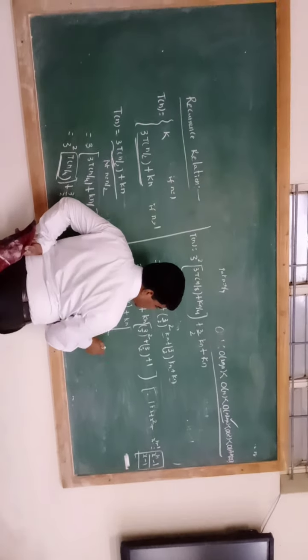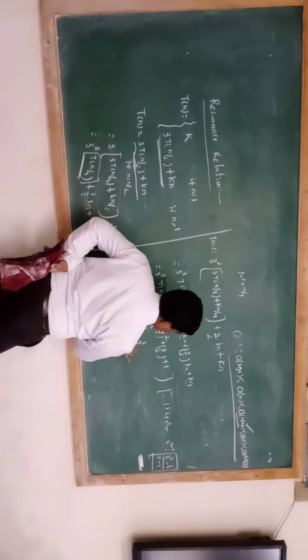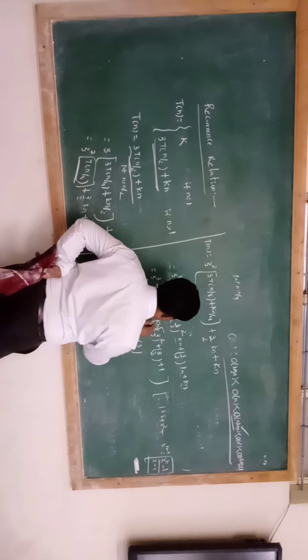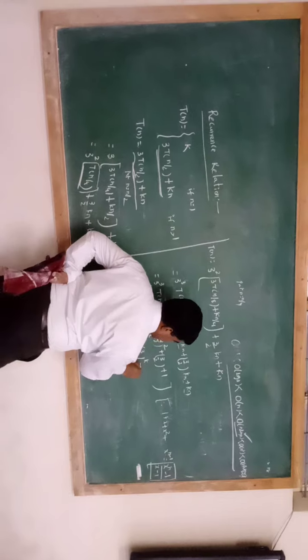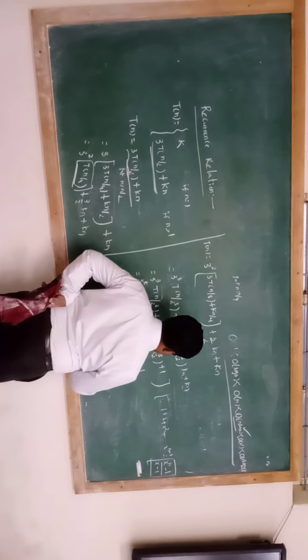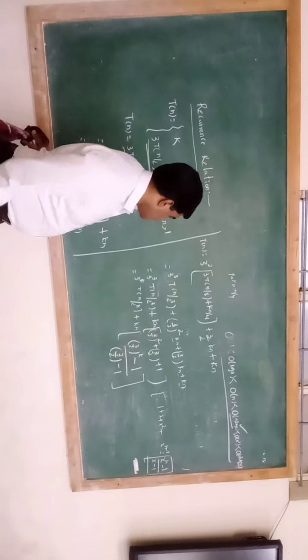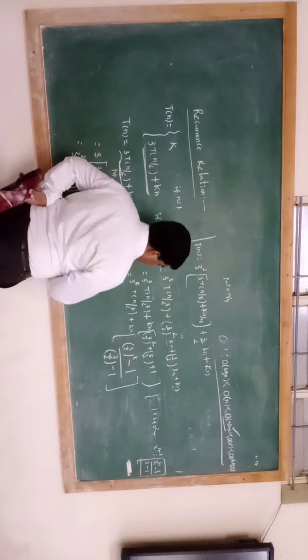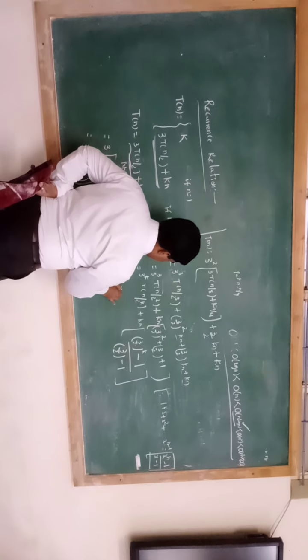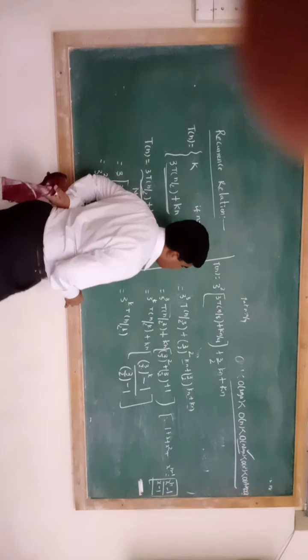Now we apply this formula with x as 3/2 and n as k: ((3/2)^k - 1)/(3/2 - 1). When will it become T(1)?